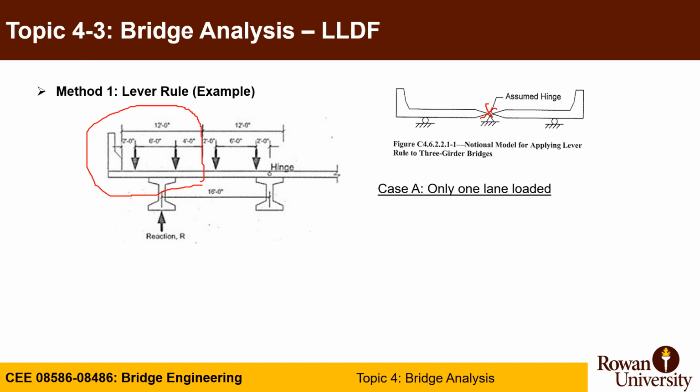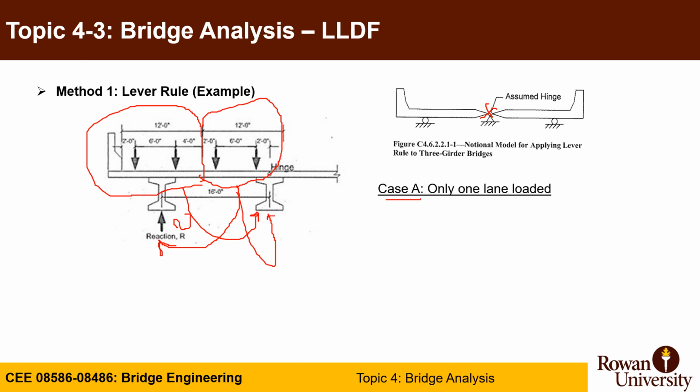Since the wheel load line here is between the two girders, this truck will distribute between the exterior and the first interior. And this could be the case only, with no other trucks. There is also going to be a case where you have 2 trucks side by side, and the second truck, because of the geometry, is going to distribute between the exterior and interior. So we have 2 cases.